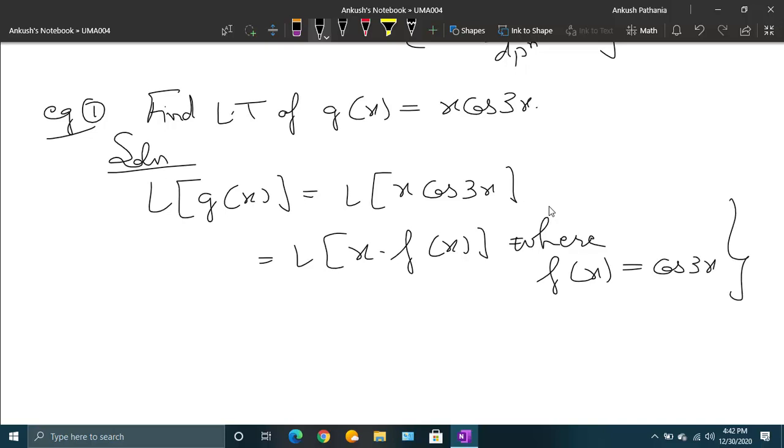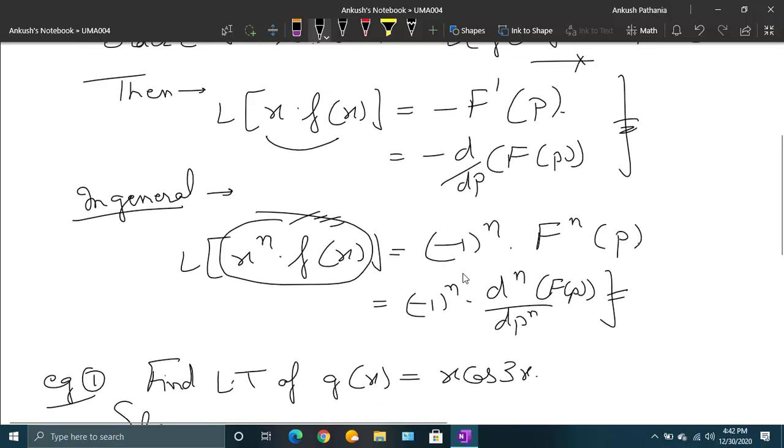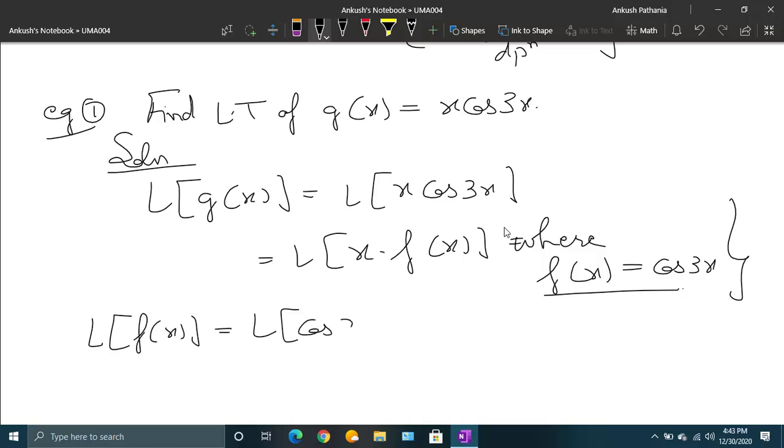According to this property, the Laplace is equal to minus F'(p). First we have to find F(p), which is the Laplace of f(x). Here f(x) is cos 3x, so the Laplace of cos 3x is p upon p square plus 9, and this is F(p).